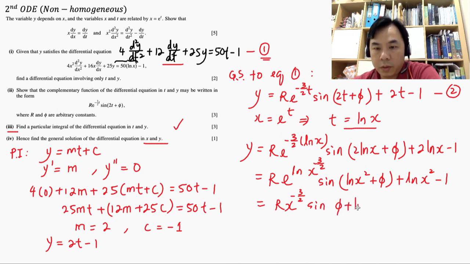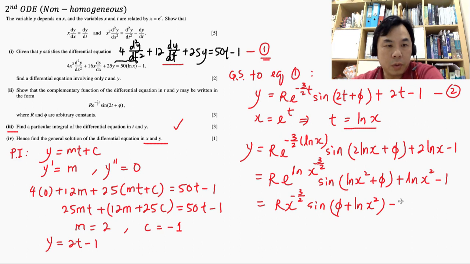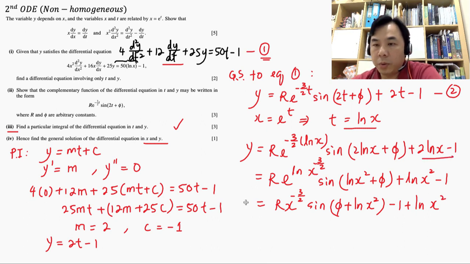Usually I prefer to write the phi in front, like this, or you can leave it as 2 ln x, that is fine. And for this last one, I prefer to write plus ln x squared, or if you prefer, you can write in this form here. And then that concludes our general solution to this differential equation, where the y can be written as a function of x here.